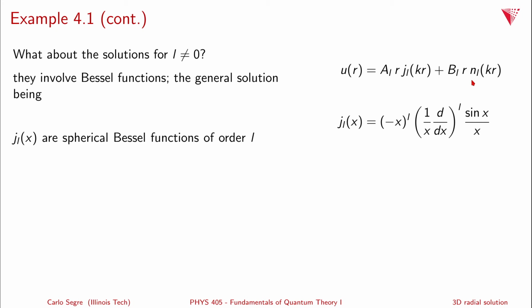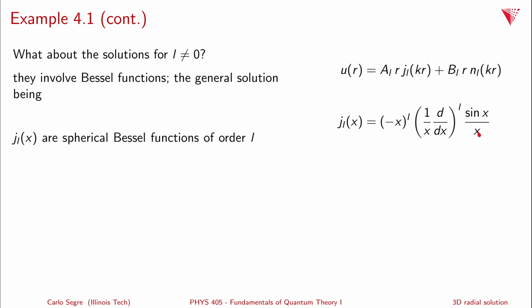The j sub l of x are so-called spherical Bessel functions of order l. So j sub l of x is given by minus x to the l-th power times 1 over x d by dx to the l-th power of sine of x divided by x.